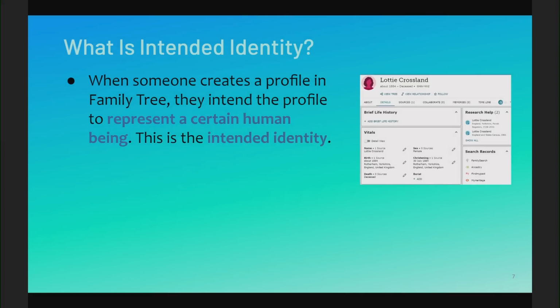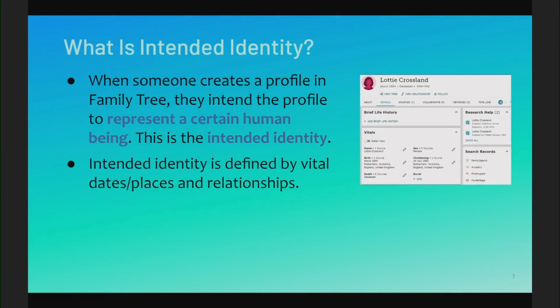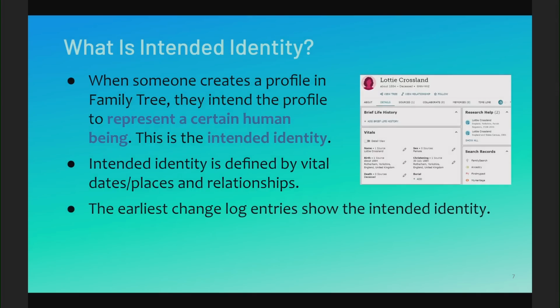And this is the intended identity. The intended identity for deceased people is generally defined by vital dates and places, so births, marriages, deaths, and also relationships. The earliest changelog entries show the intended identity.